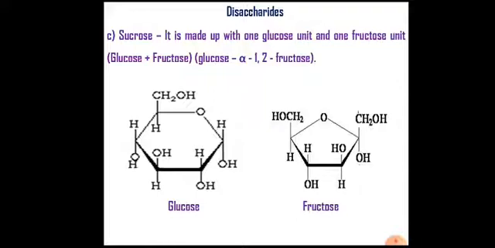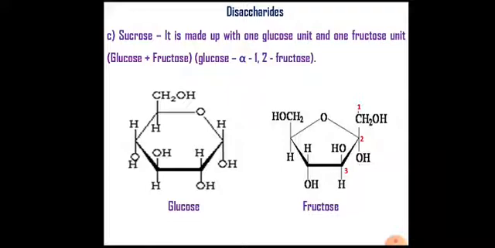This is the structure of fructose, a little difficult to draw, but in order to understand the complete structure, let us see the numbering system in case of fructose. This is carbon number 1, carbon number 2 is here.